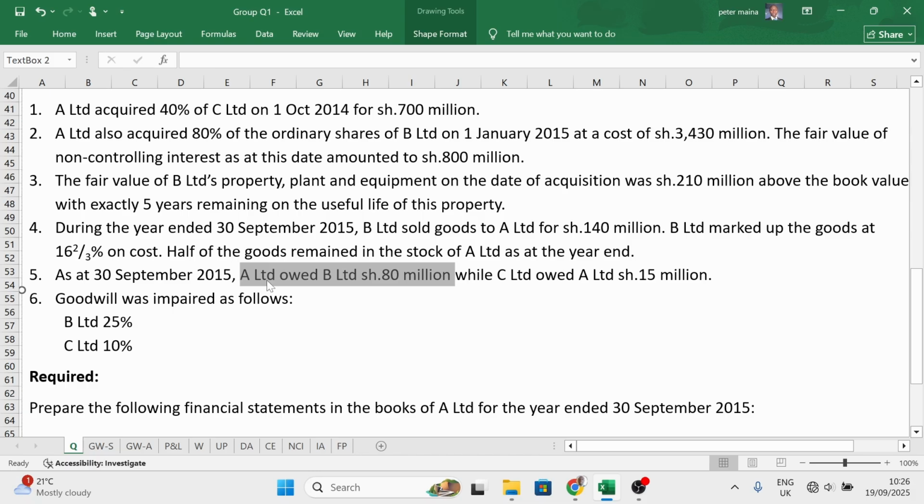A Limited, which is the parent, owed B Limited 80 million. So to A Limited, 80 million is an account payable. It is a liability. To B Limited, 80 million is a receivable. It is a current asset. So because it is an asset and a liability at the same time, during consolidation, we eliminate the 80 million.